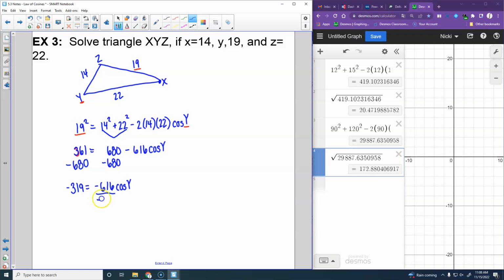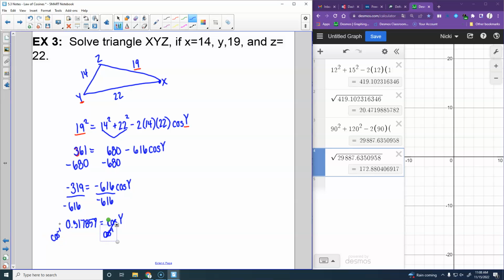We'll divide by negative 616. And I'm getting 0.517857. Keep that in your calculator. And then what do I do to get rid of cosine? Inverse cosine. So cosine inverse over here will get rid of that cosine.